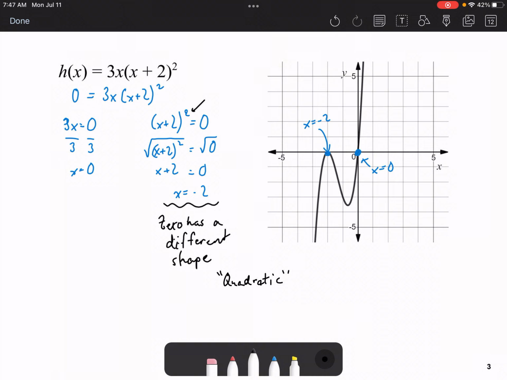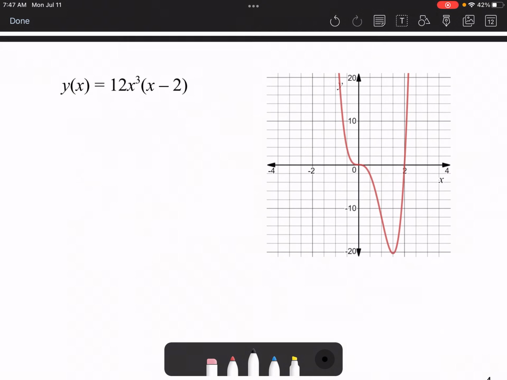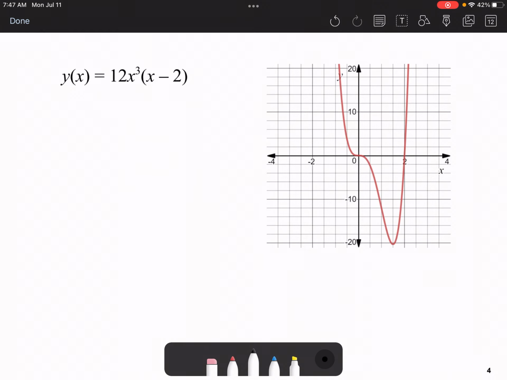So your next logical question might be, what happens when you have an exponent of 3? That's where we're going to go with this one. We can set this function equal to 0 and solve each piece.